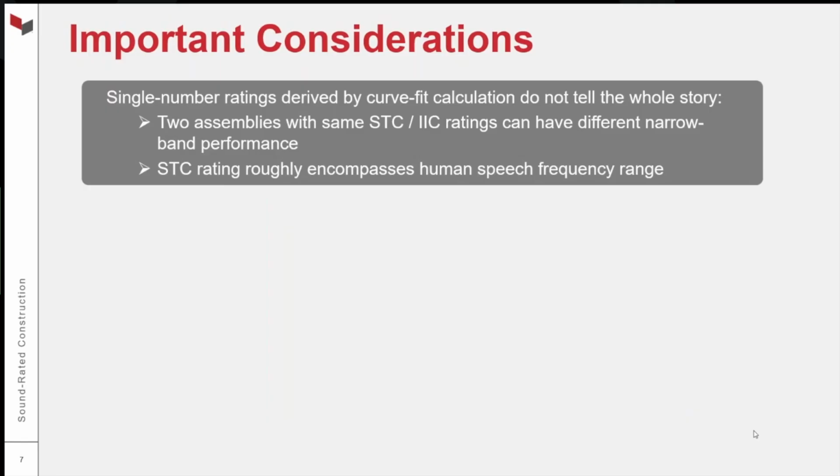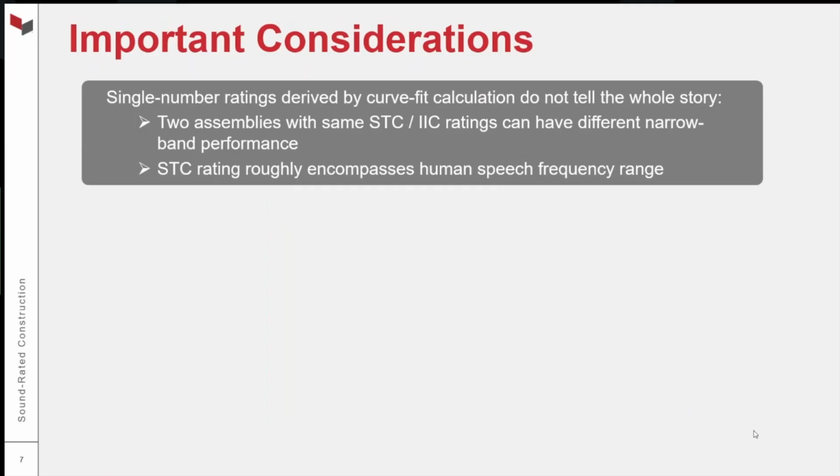But you're capturing sound levels across a range of frequencies, and then we simplify it to a single number rating. It's a complex curve fit calculation to arrive at these single number ratings, so they don't always tell the whole story. If you look at the raw data across the entire frequency range, you can see differences.